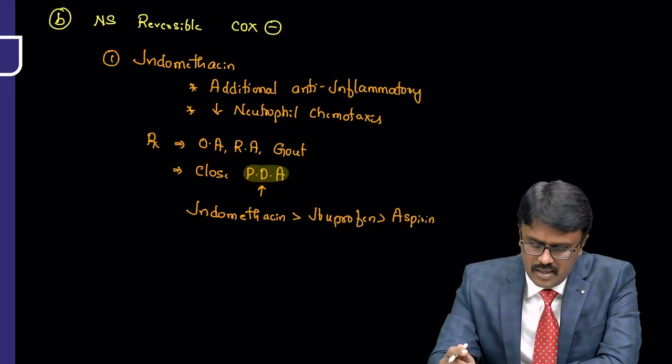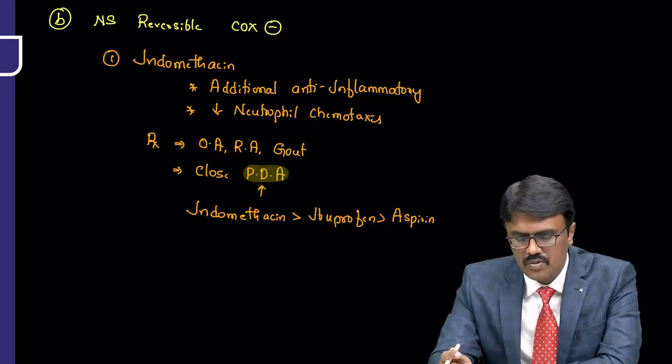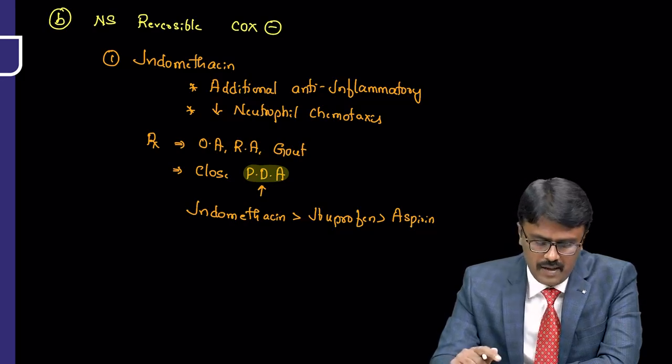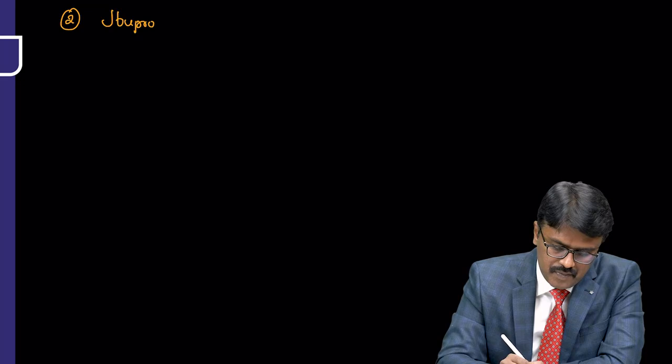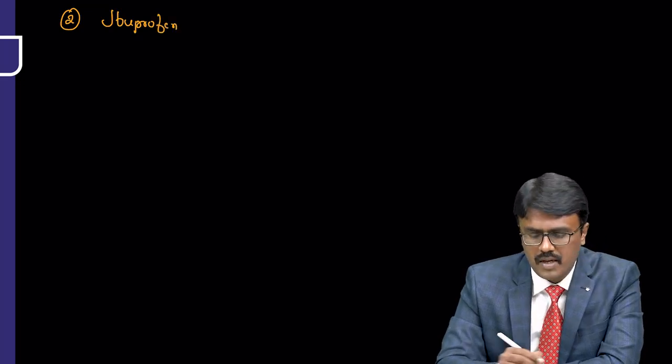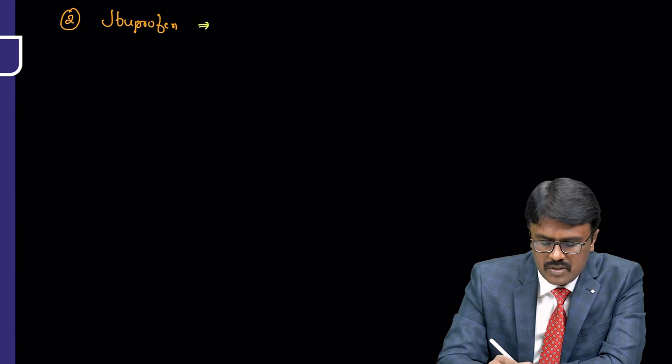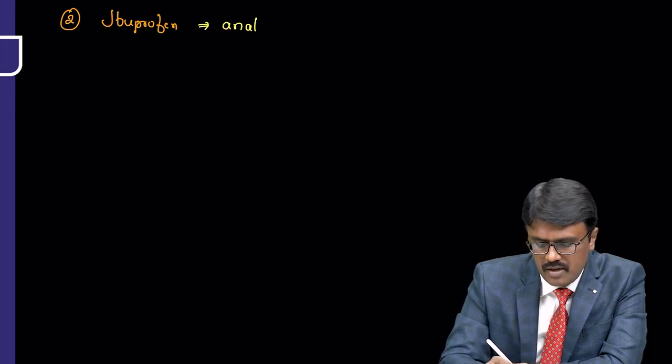It has additional anti-inflammatory property, decreases neutrophil chemotaxis, all those things. Now, apart from indomethacin, the other drug we have is ibuprofen. Ibuprofen is used as an analgesic in children, a very beautiful analgesic in children.